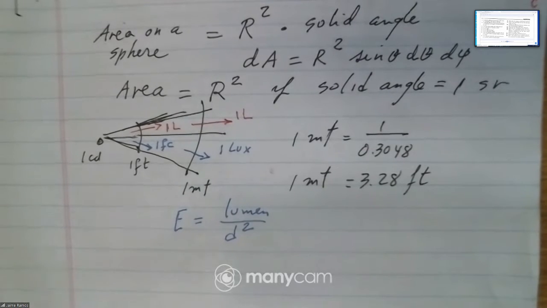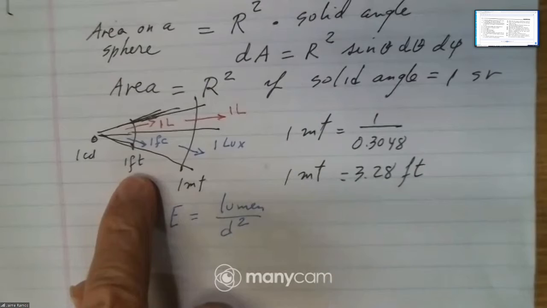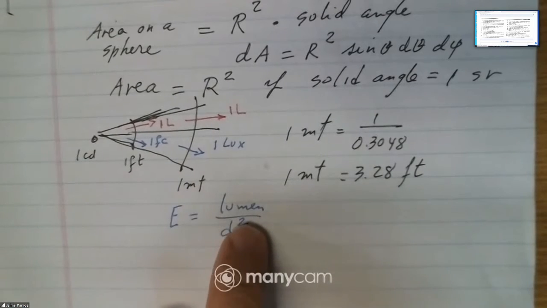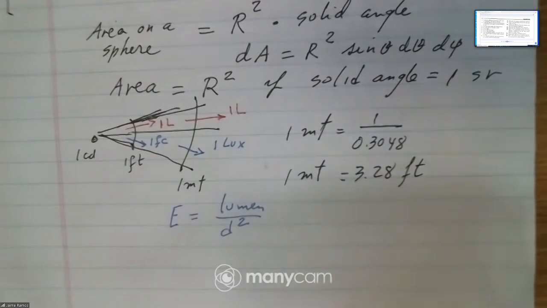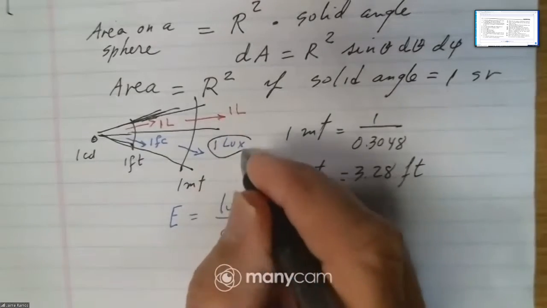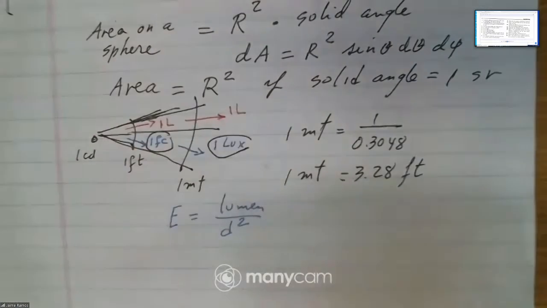Now, when you think about the lux, the foot-candles, or the luxes, do not think about the luminaire. Think about, for example, how many lines are hitting the table surface.